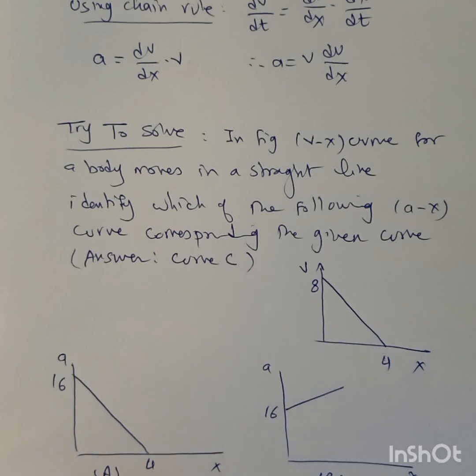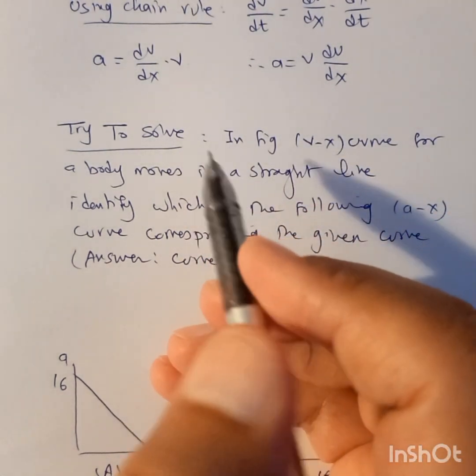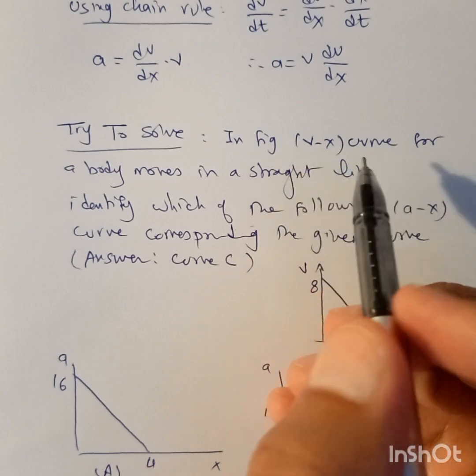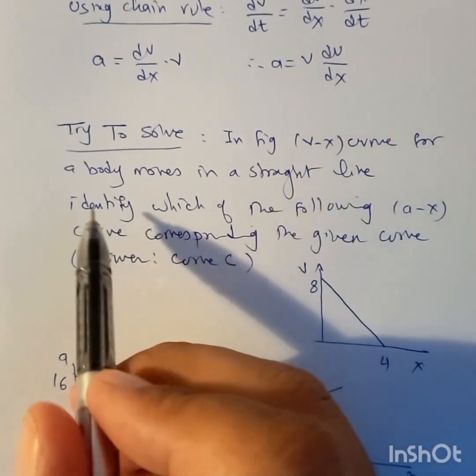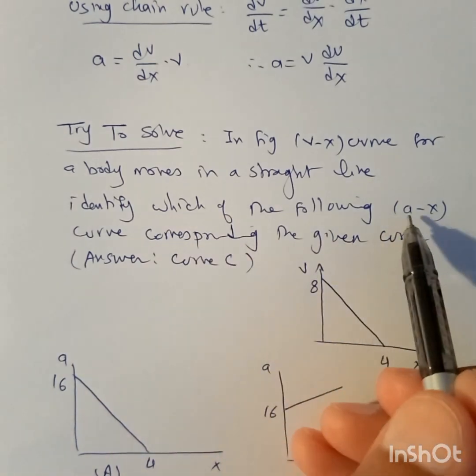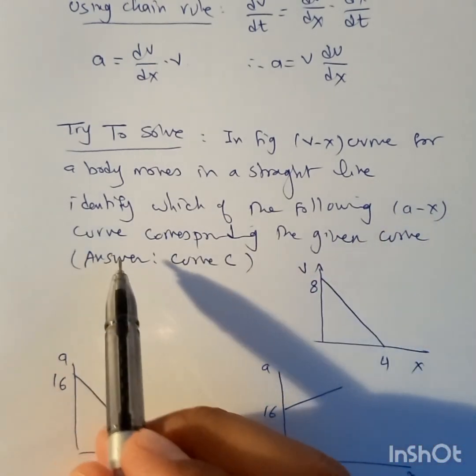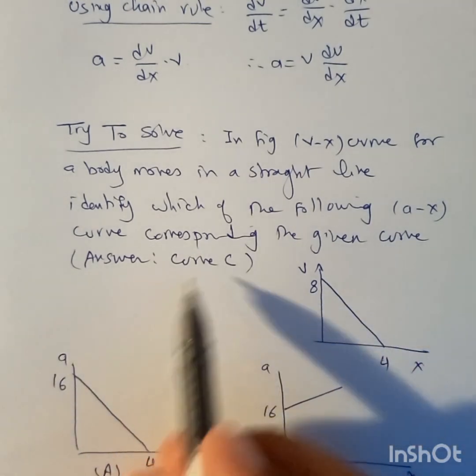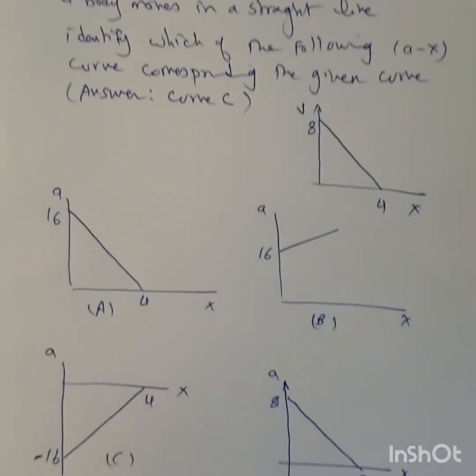Okay, now it's time to try to solve a question on the following vx curve. For a body that moves in a straight line, identify which of the following acceleration-displacement curves corresponds to the given curve. The answer is curve C, but you have to identify why.